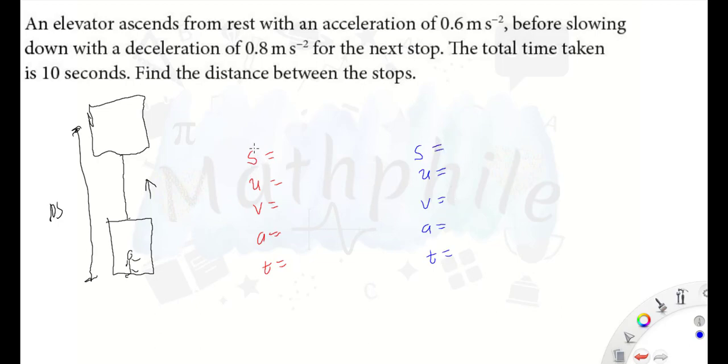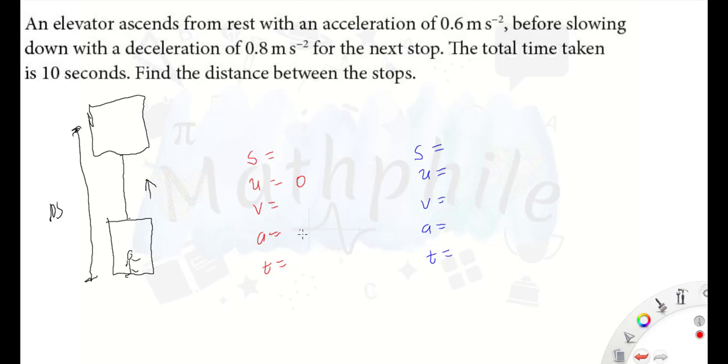The elevator ascends from rest, so the initial velocity over there should be zero, and it attains an acceleration of 0.6. This question is not explicitly talking about constant acceleration, but because we are doing SUVAT, we are assuming that the acceleration is constant. 0.6.